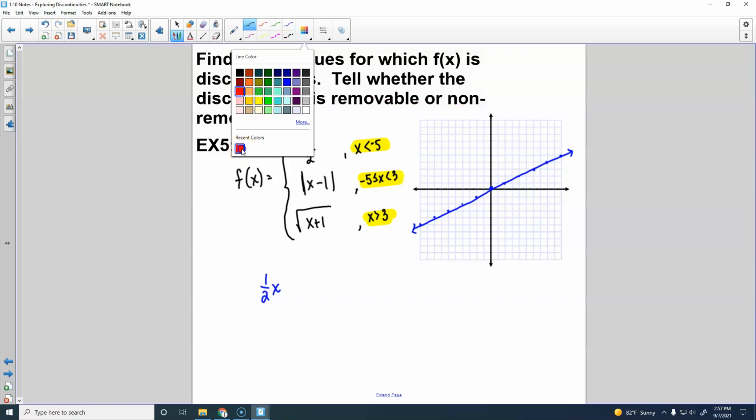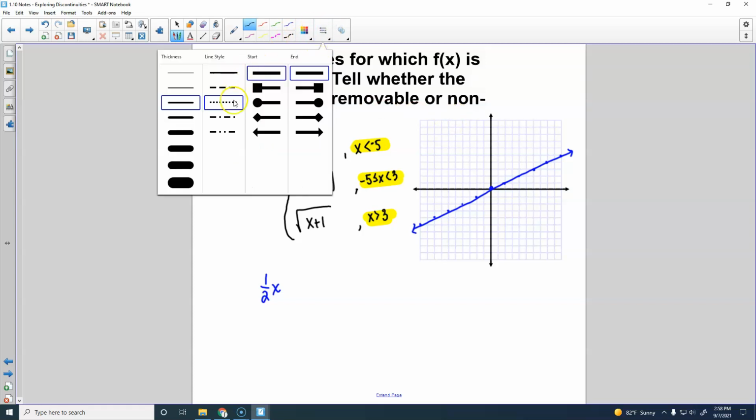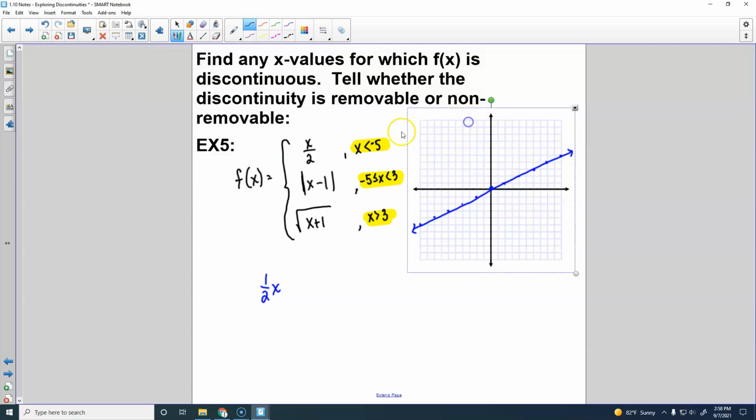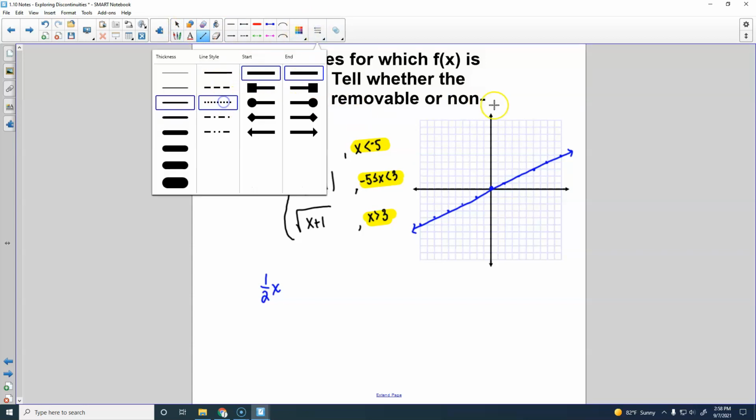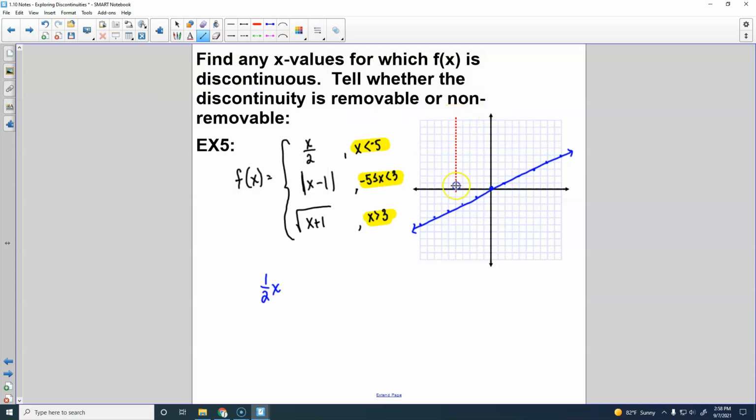I'm going to draw myself a vertical line right here at x equals -5. I only want to use something less than -5.